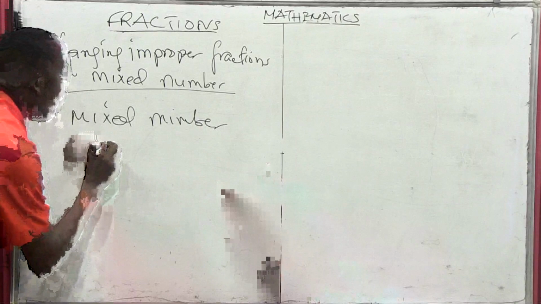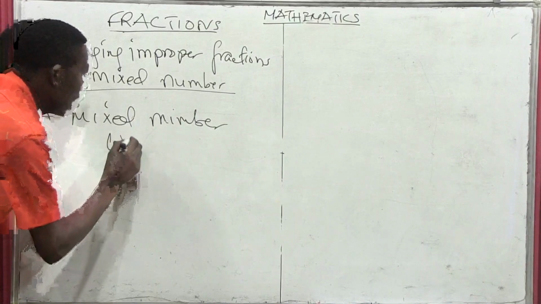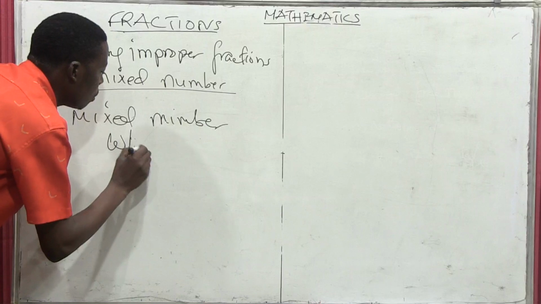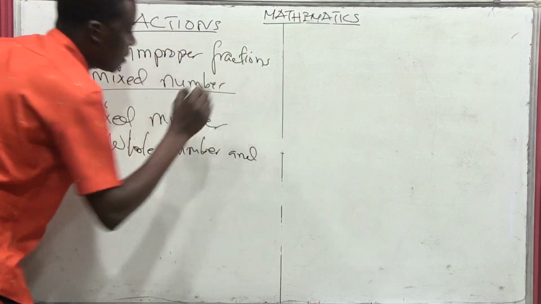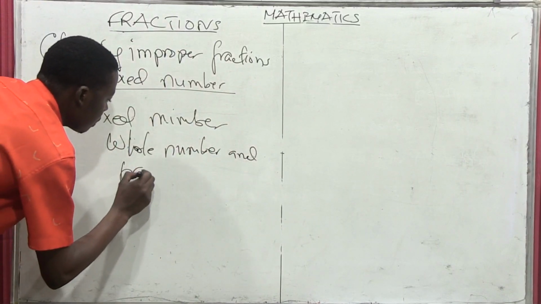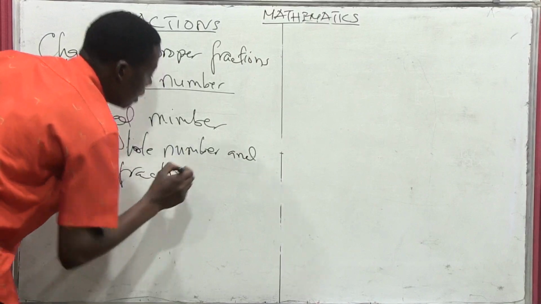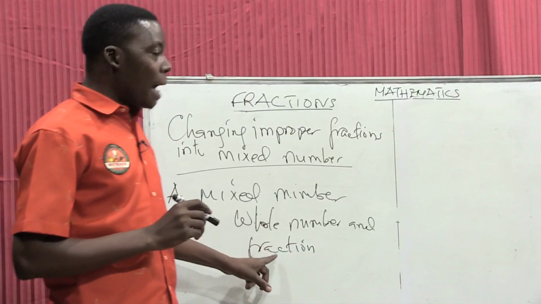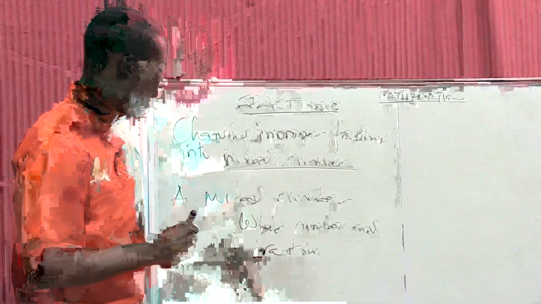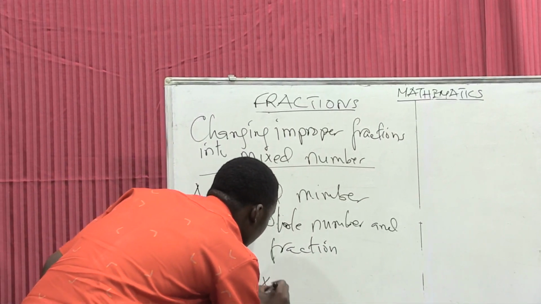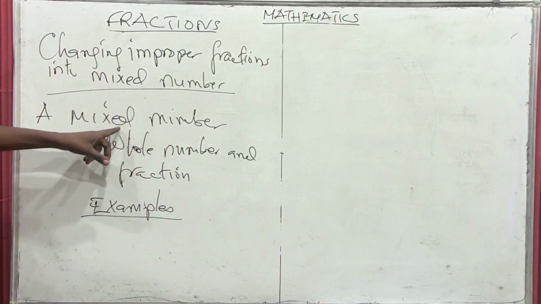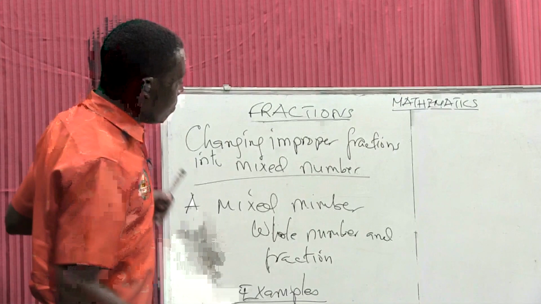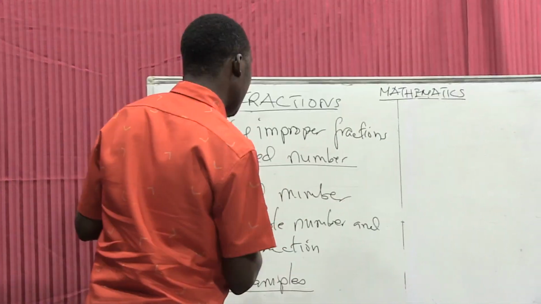Mixed number is a combination of whole number and fraction. Example of mixed number. This is a mixed number.